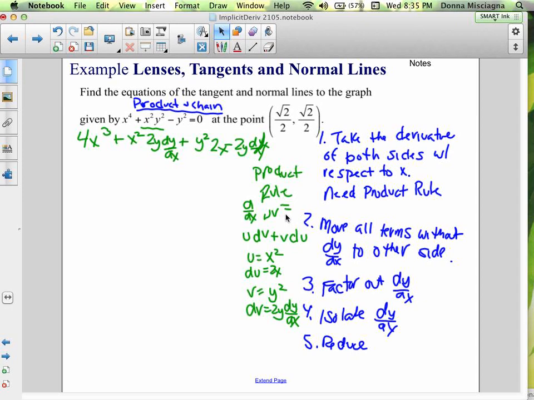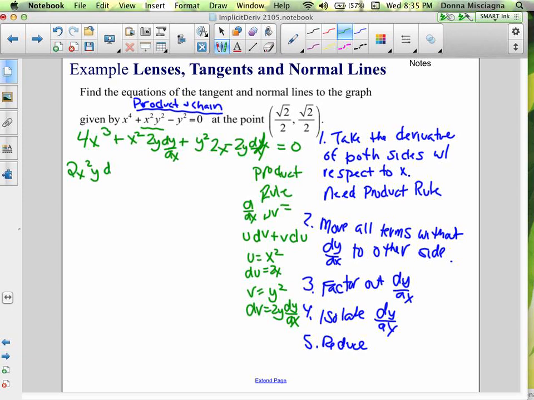All right, so now we need to isolate things that have dy dx on one side. Equals 0. Sorry, we've got to take the derivative of 0, which is 0. So we've got two terms with a dy dx and two terms without. Let's move the terms without the dy dx to the other side, and let's clean up these terms, putting the coefficient first.